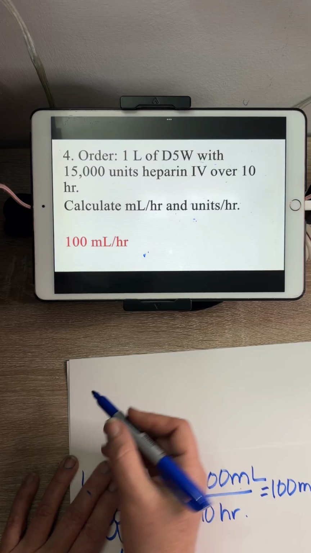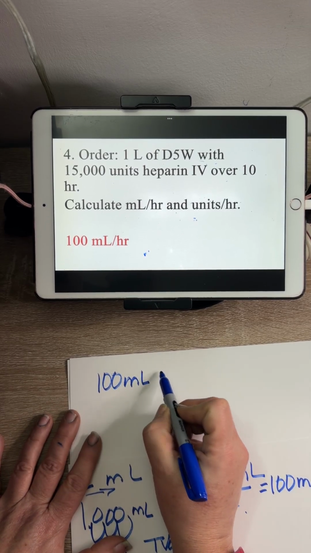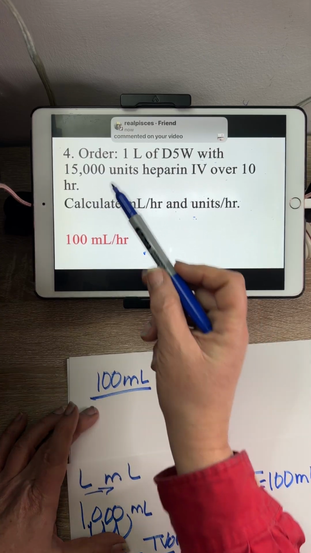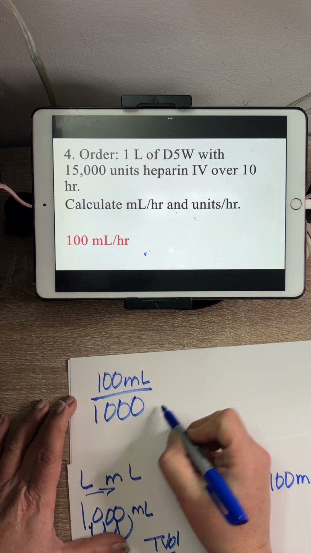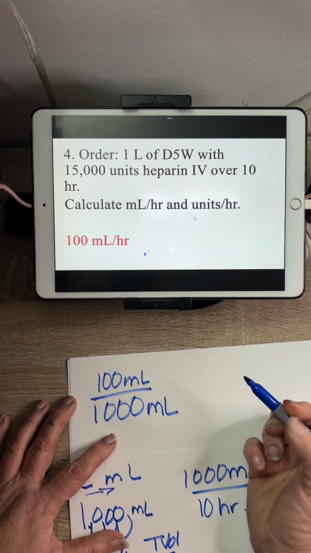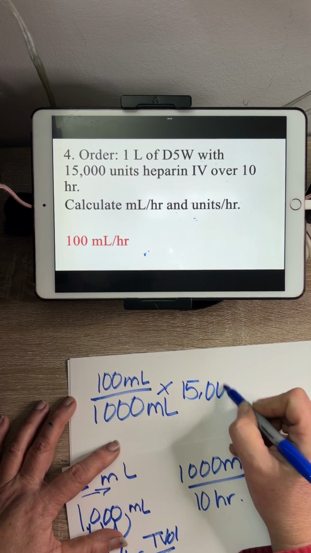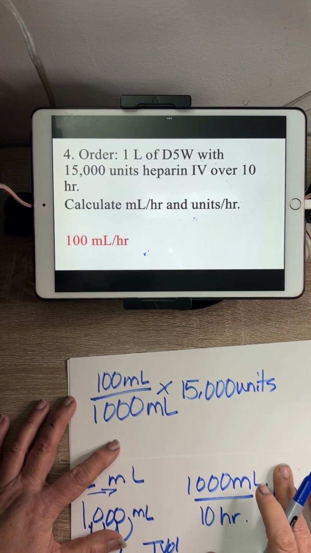This is like the previous one with the extra step. He wants it going at 100 milliliters an hour. What do I have that's milliliters? I got 1 liter. And that's 1,000 milliliters. How does that come? With 15,000 units in it. You see that?